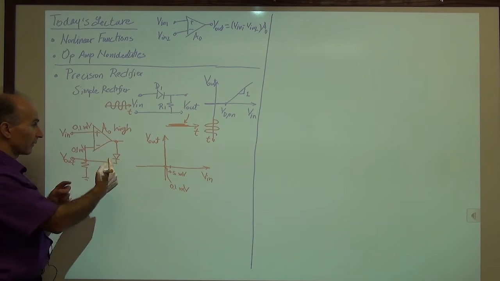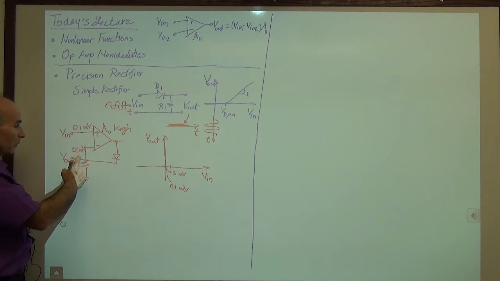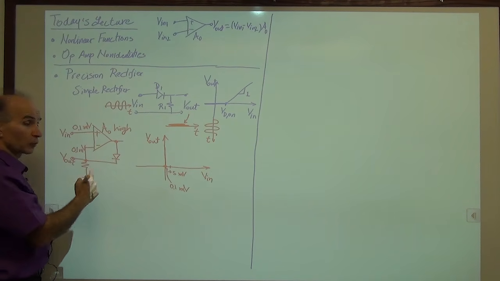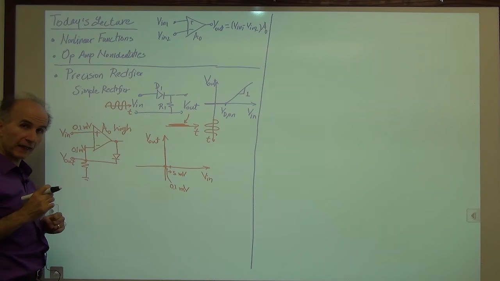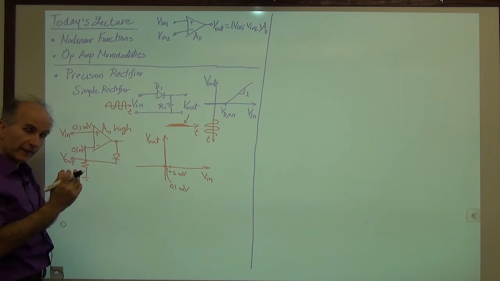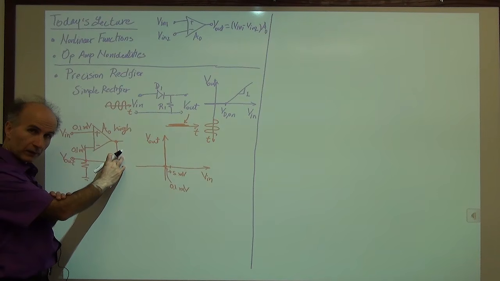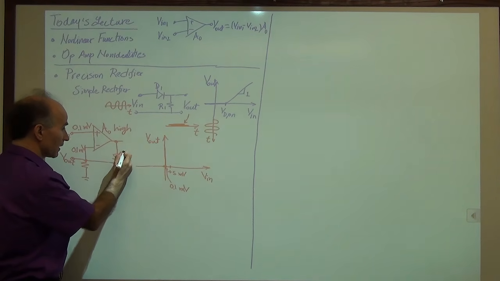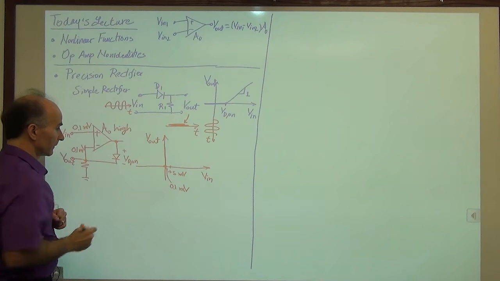Well, it comes from this output. If this is 0.1 millivolt and this is 0.1 millivolt, this diode will turn on with a very small current. Remember we said that when a diode is about to turn on or about to turn off, it has a voltage of VD on on it, but its current is very small. So this diode is turned on, and it has a voltage of VD on here.